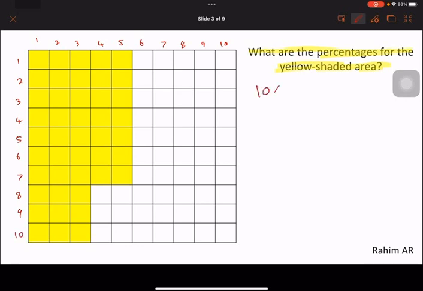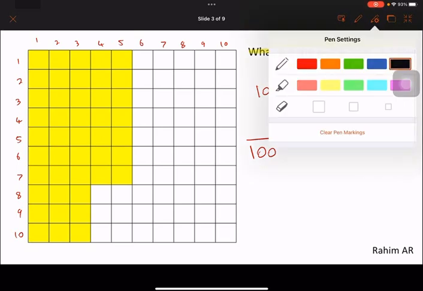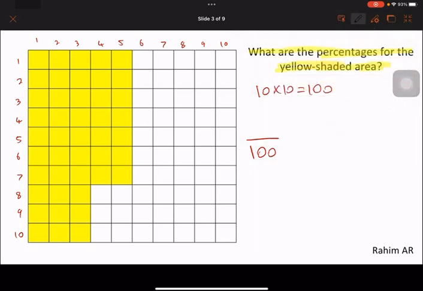Since 10 times 10 equals 100, we know the total number of equal parts inside this picture is 100. So we know that the denominator is 100. To answer this kind of question, we have to write down the fraction first. Now we have to count the yellow shaded area.